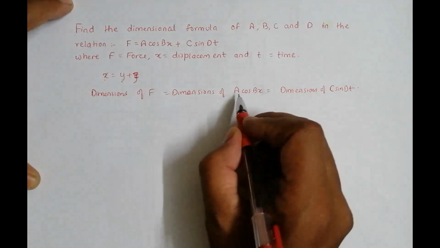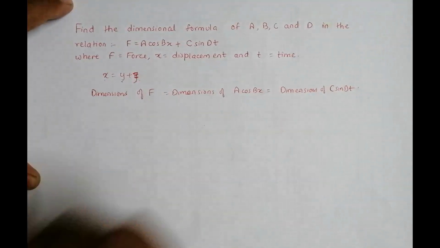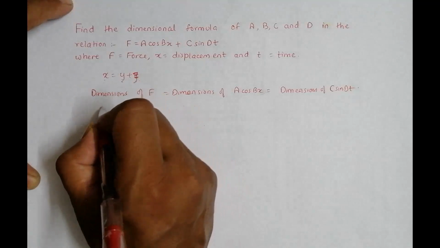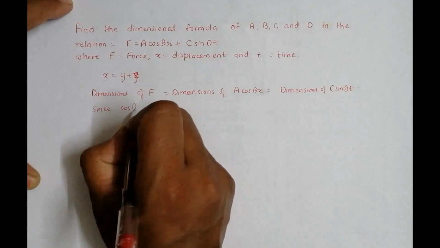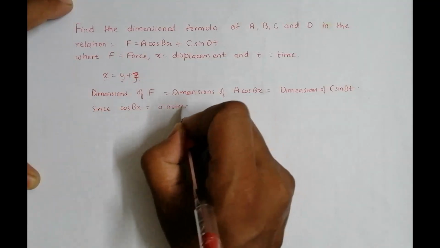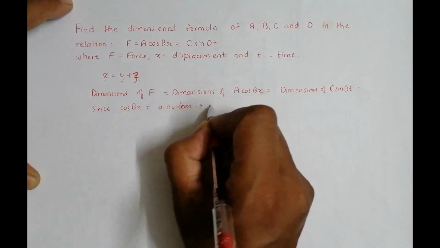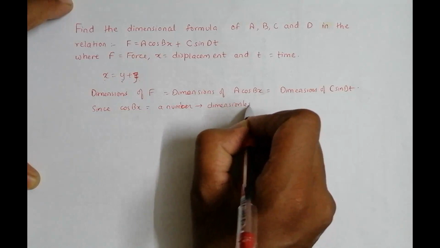So the dimensions of A cos bx should be equal to the dimensions of F. If I consider these two things, since cos of bx is a number, which is dimensionless, a number has no dimensions.